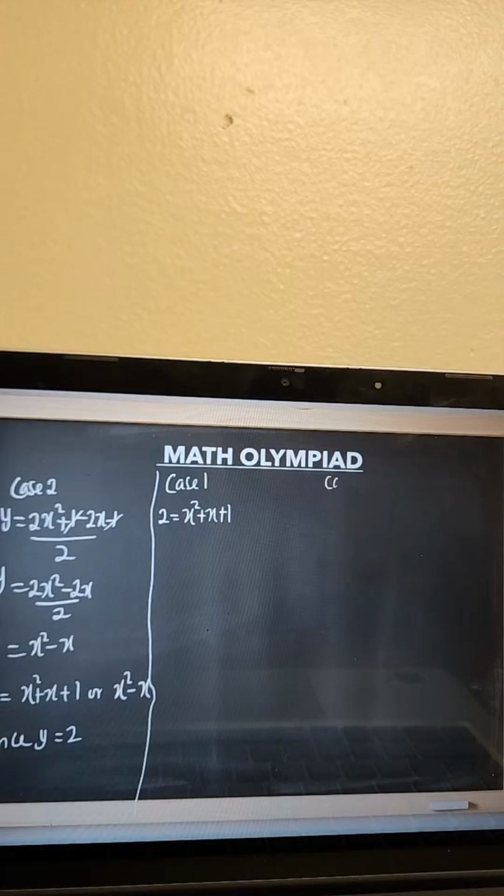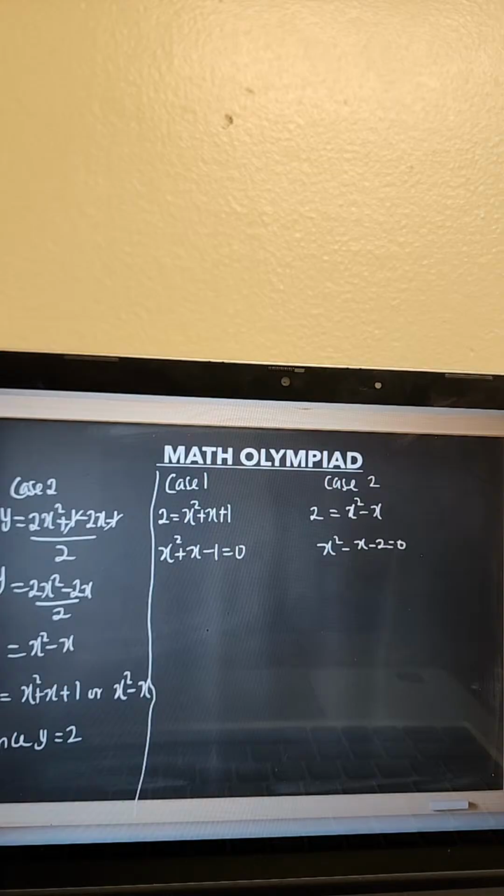And for case 2, we have 2 equals x squared minus x. So solving further, we can rewrite the given equations as x squared plus x minus 1 equals 0, and x squared minus x minus 2 equals 0.